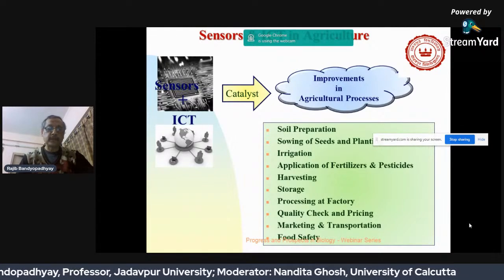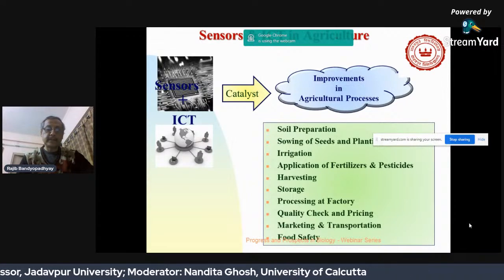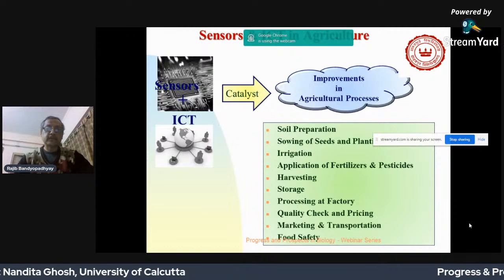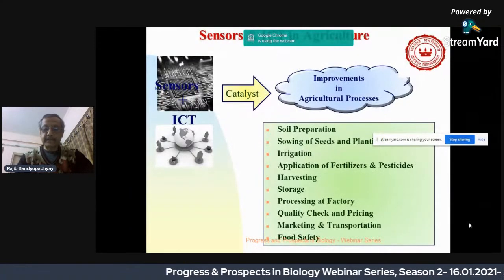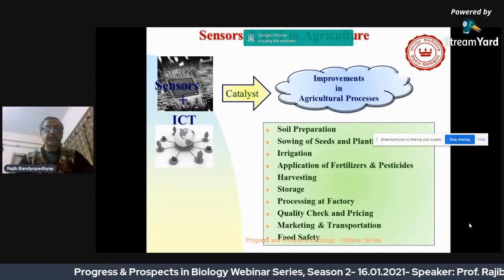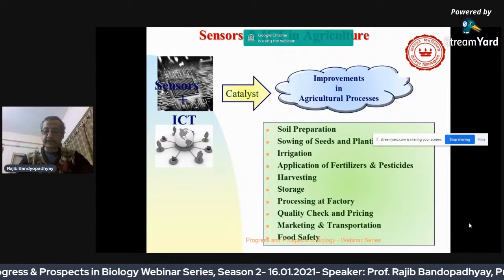The checking and quality assessment are all done manually. During transportation also, some sensors should be there in the boxes so that quality is maintained. And finally, food safety is a big issue nowadays, so we need good sensing systems for that.